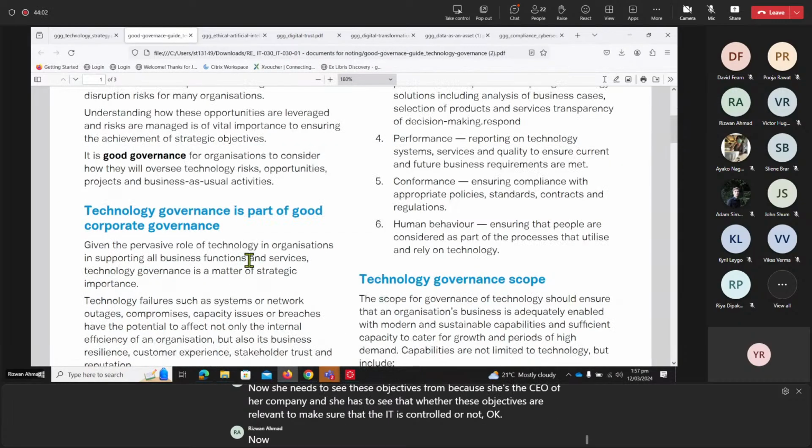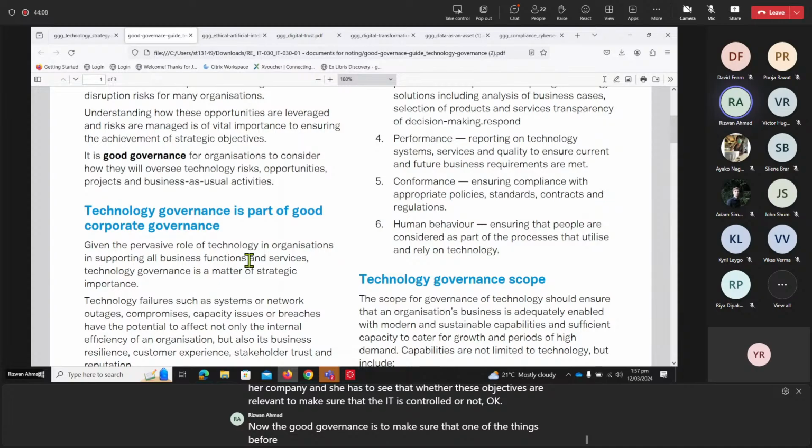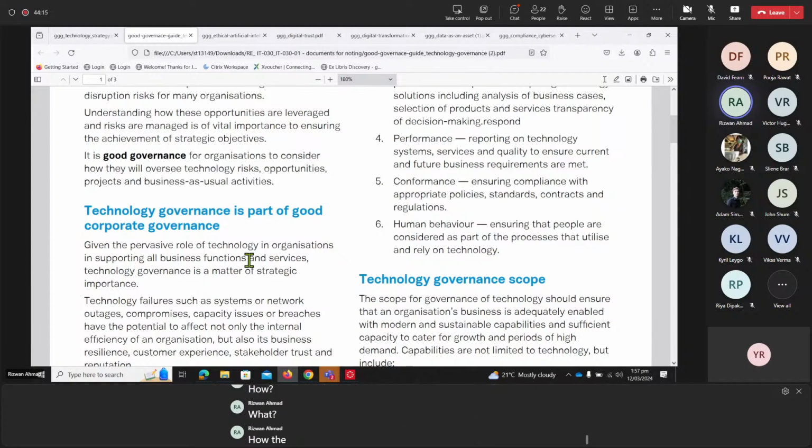Now, the good governance is to make sure that, one of the things before I go into this detail, do you know what a company is? Can anybody define a company?